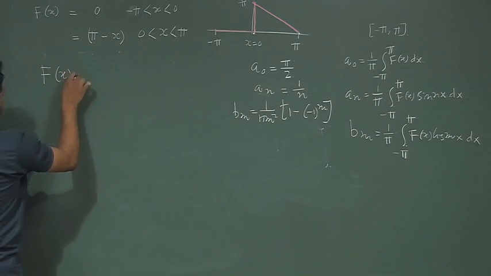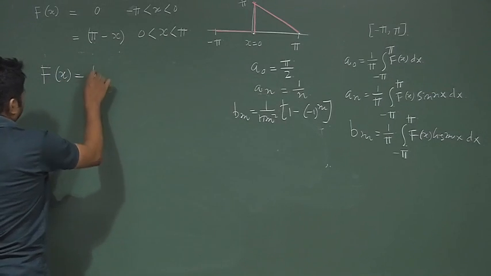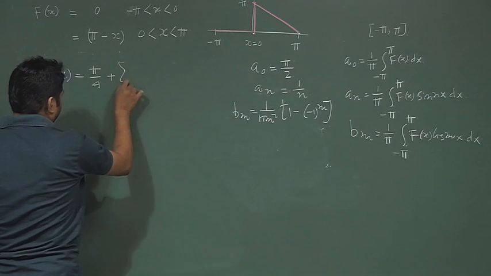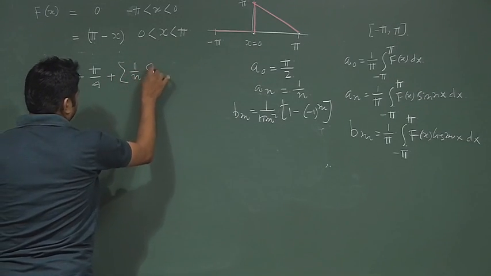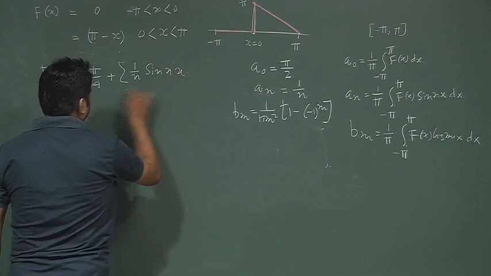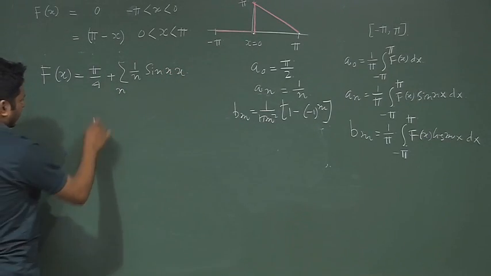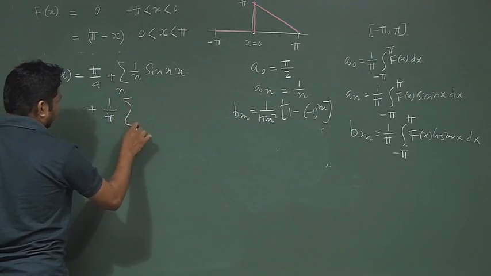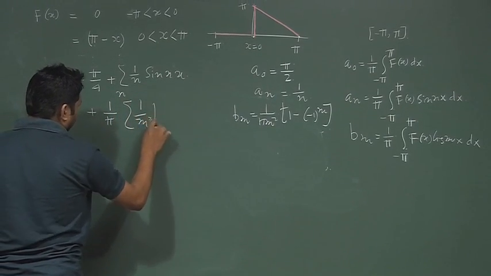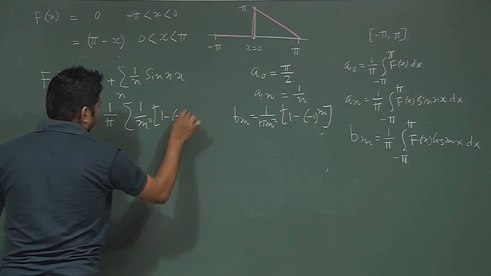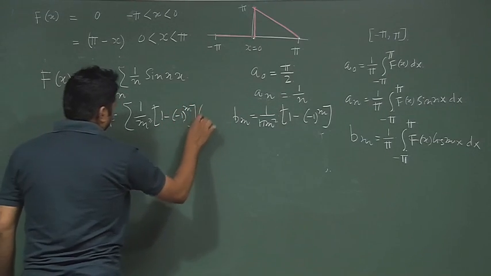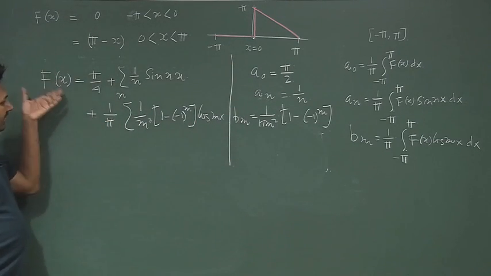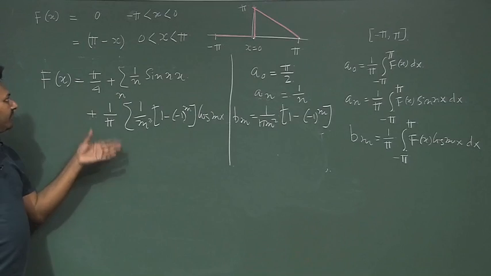So, f of x will be A0 by 2, that means pi by 4, plus the summation of 1 by n sine of nx, plus 1 by pi, which comes outside, times 1 by m square with the oscillating term that appeared in the previous problem also, and cos of mx. This is the entire Fourier series I have for the given function.